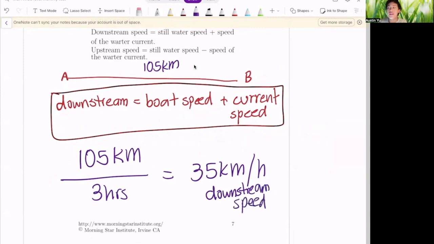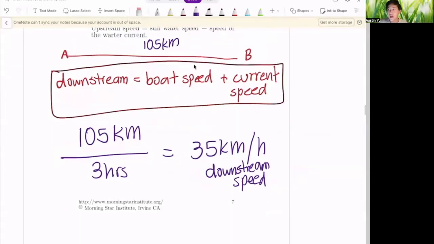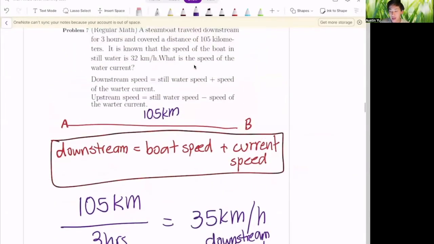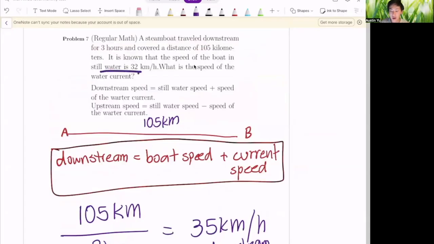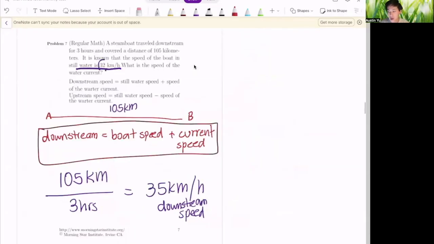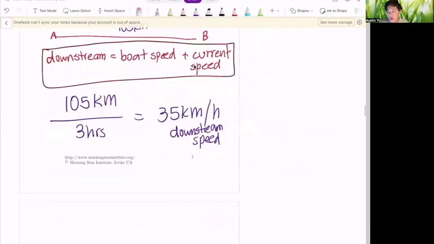And now we have to use the downstream speed formula. Again, downstream is equal to boat speed plus current speed. And since we know that the boat speed in still water is 32, let's subtract 32 from 35, which gives us 3.